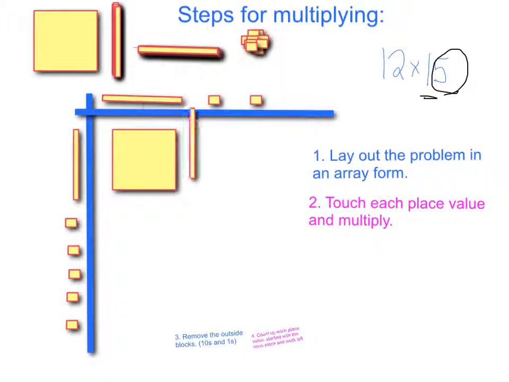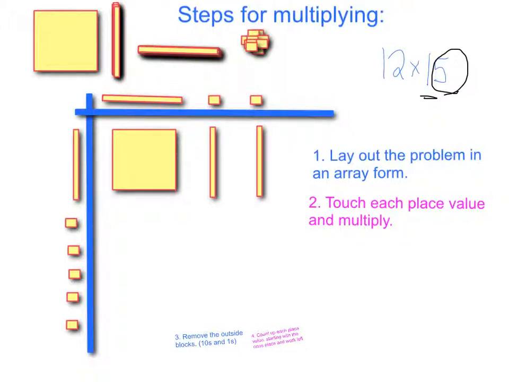So I bring my 10 down, and I want to make sure it's going the correct way, because when I'm all done, I should have something that looks like a rectangular array. So then after I've done my first 10 times 1, I'm going to go 10 times 1 again and pull down my 10.